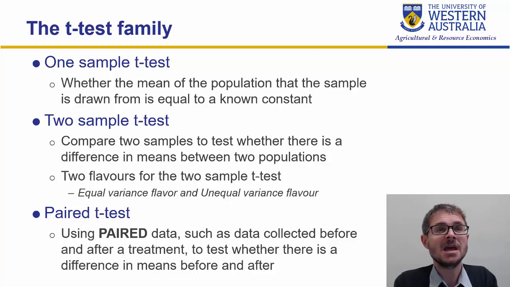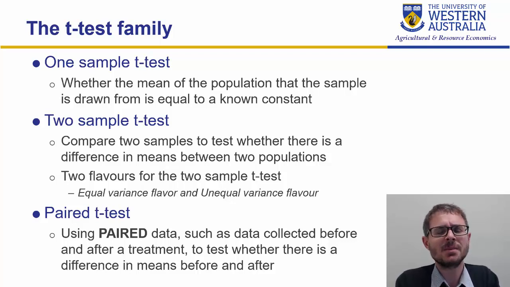And then we have the paired t-test, which is a specific type of two sample test where we have some structural relationship between the two samples. I usually refer to it as a before and after test, but it doesn't have to be before and after. It could be some general thing, like in a social science study, the pairs might be couples.